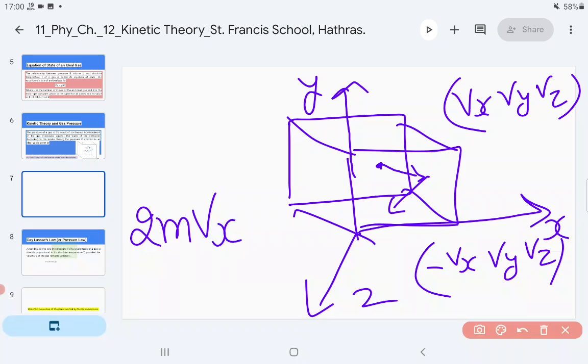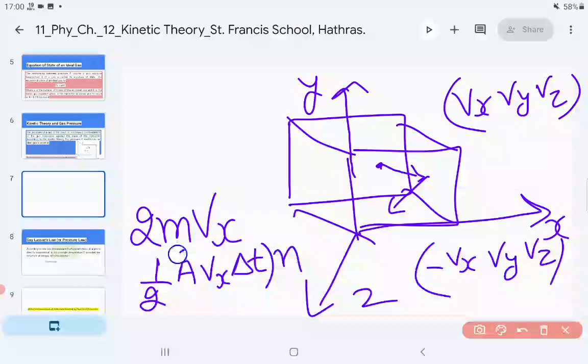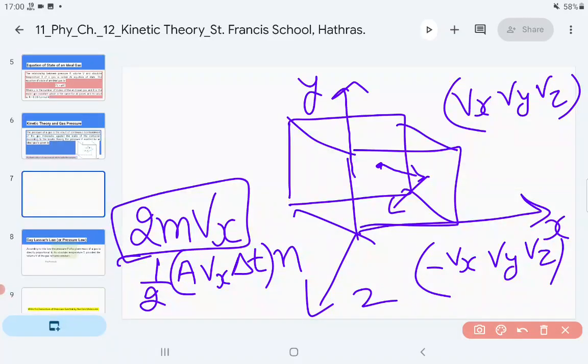Then we found the total number of molecules, 1 upon 2, the area of cross section, Vx del T as the length, and the number of molecules per unit volume. This is the total number of molecules colliding with the walls, and multiplying it with the momentum change, we get the pressure exerted by the gas molecules.